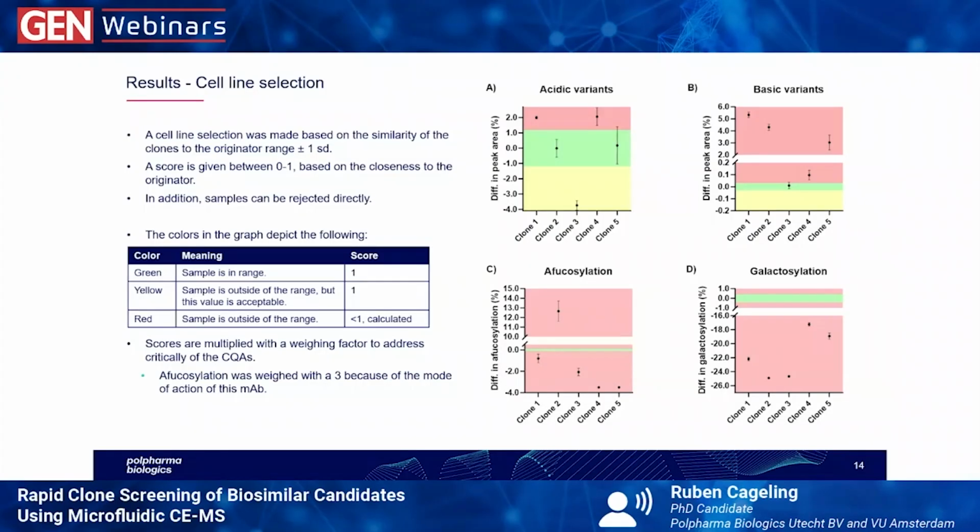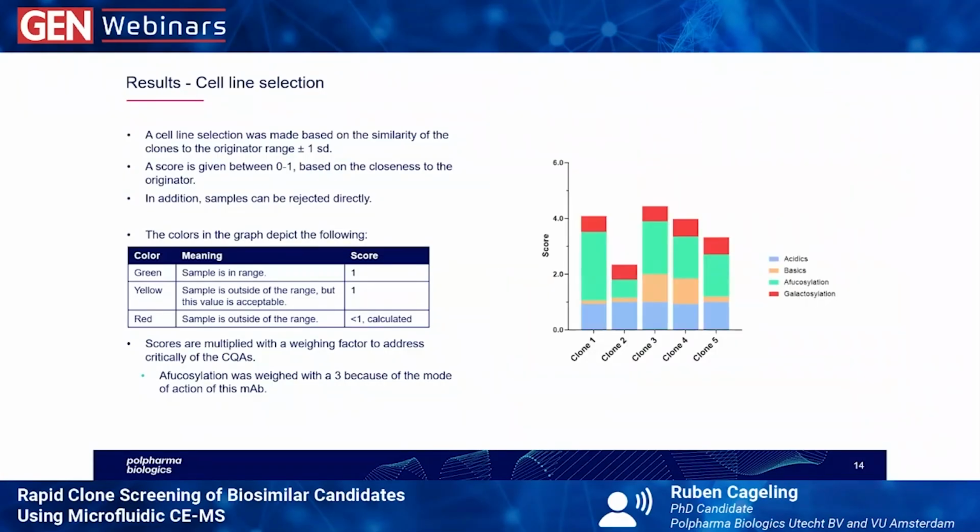And finally, we multiply these values with a weighing factor based on how critical these CQAs are. So as I said, afucosylation relates to the mode of action of this molecule, and therefore was weighed with a factor of 3, while the other ones are all weighed with a factor of 1. And this is then the end score that you would get.